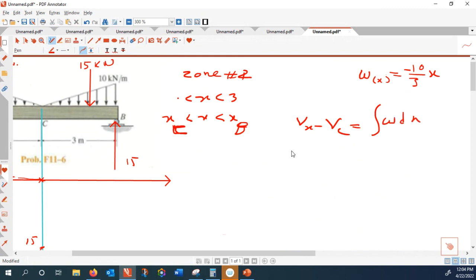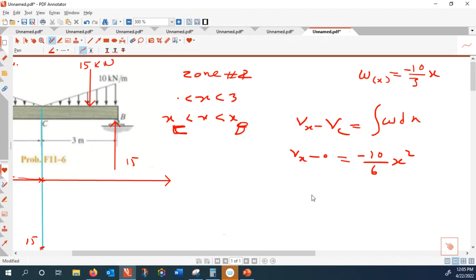There is no discontinuity in shear, so c minus and c plus are equal. Because the c minus shear is 0, c plus is also 0. Minus 10 over 6 x squared.